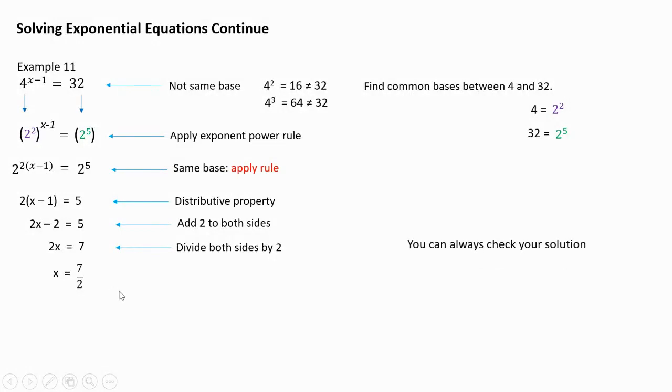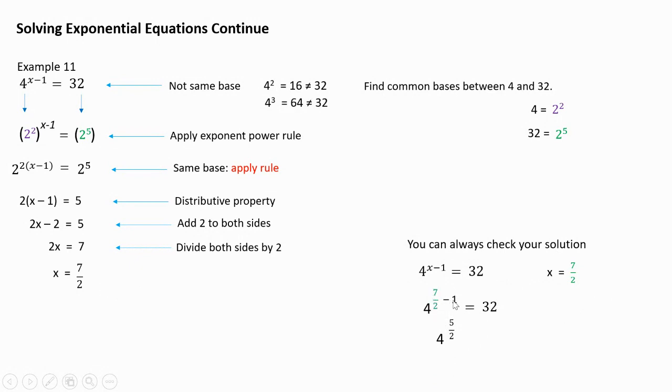And as before, we can always check our work. So x equals 7 over 2. So we have 4, right? So I'm going to plug in 7 over 2 for the x's. So 7 over 2 minus 1 will give us 5 over 2, because if we find the same common denominator, 1 is the same thing as 2 over 2.